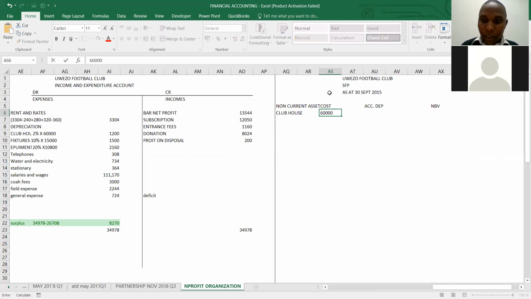Yes. We did not have accumulated depreciation, but we had depreciation for the year, that is 1,200. If we subtract that 1,200, what net book value do we get? 58,800.